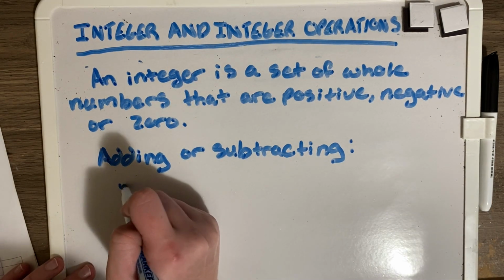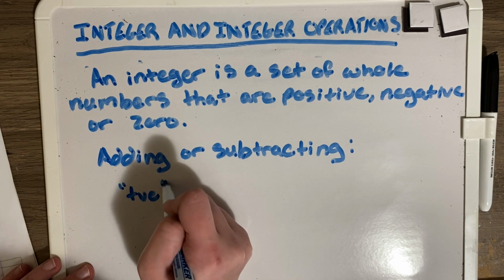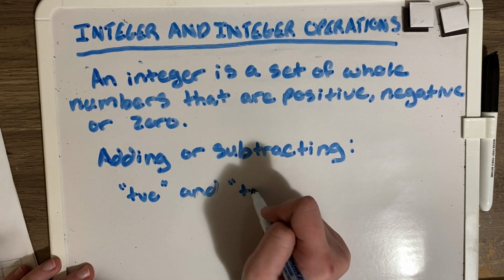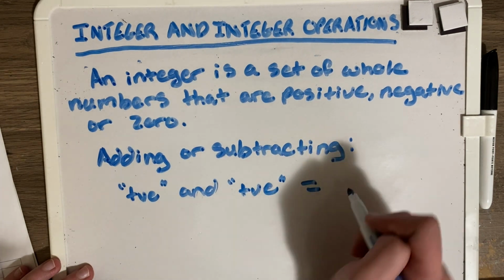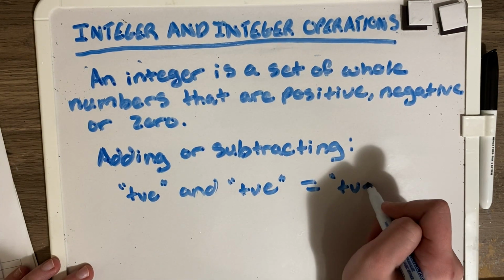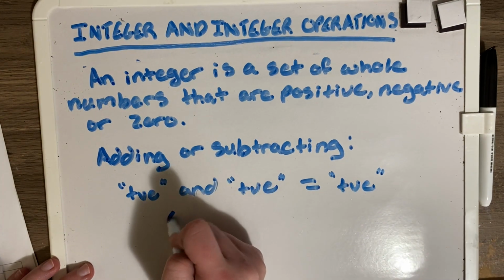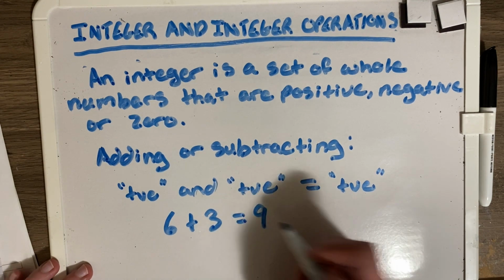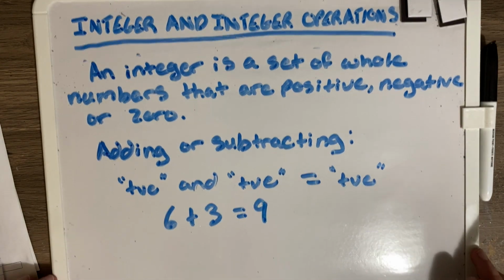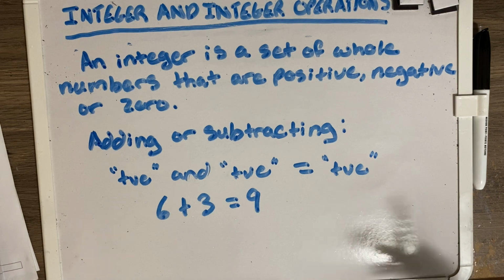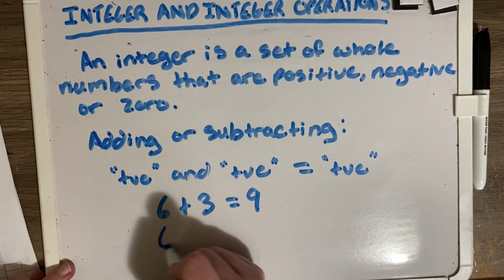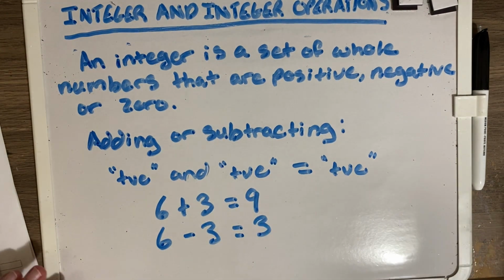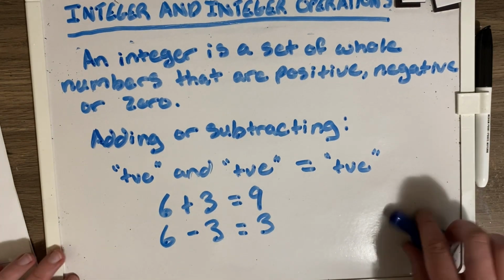When you add or subtract a positive number and another positive number, the outcome is going to be a positive number. For example, 6 plus 3 is going to equal positive 9. Of course we don't write the positive, because the absence of a negative sign means we just assume it's positive. And 6 minus 3 is going to equal positive 3. So that's the first rule.